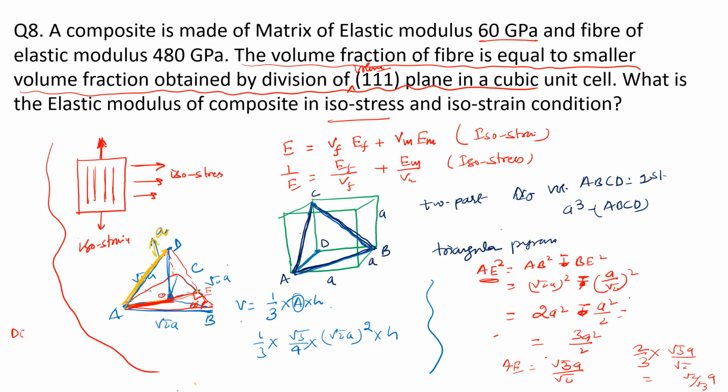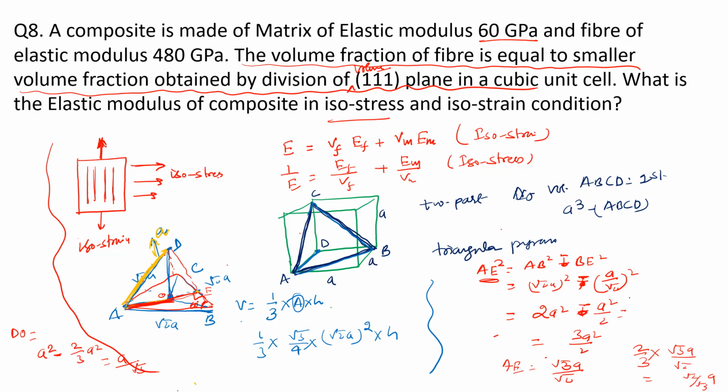This DO we can write as a square minus this AO square. So a square minus 2/3 a square. So basically it will be 3 minus 2, 1, so a by root 3.